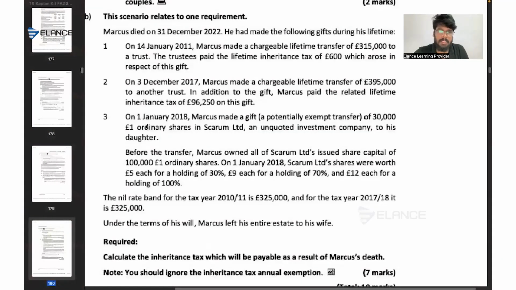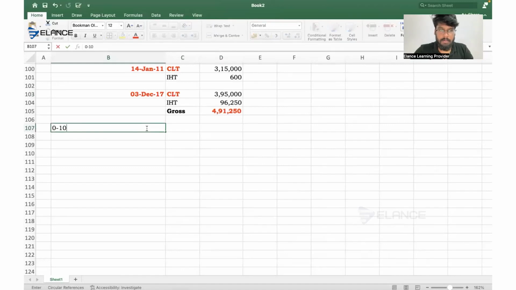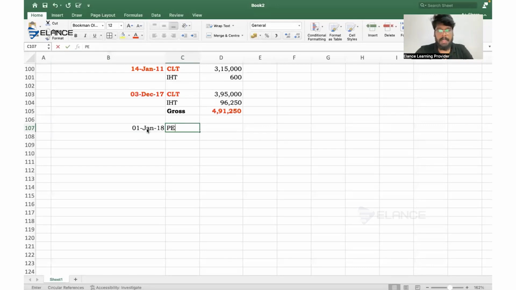And after this, on 1st January 2018, Marcus made a gift of 30,000 ordinary shares in Scarum Limited, an unquoted investment company, to his daughter. So the next transfer is 1st January 2018, and it was a PET.